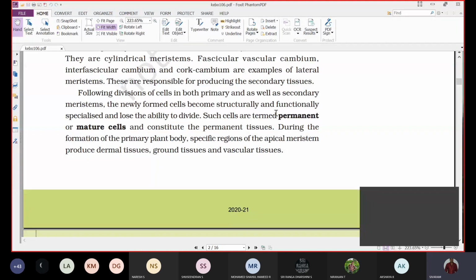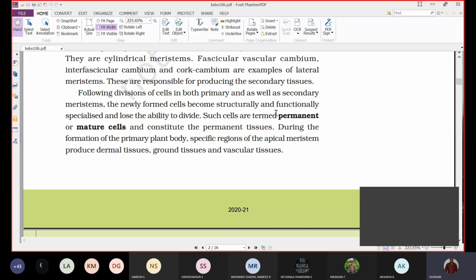So we can understand that only in the plants which are showing secondary growth is this lateral meristem present. In those plants only we'll find these lateral meristems.